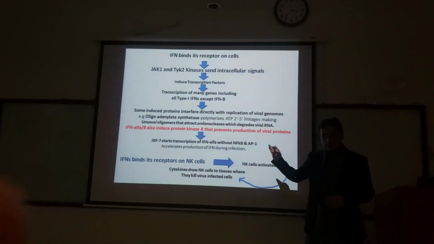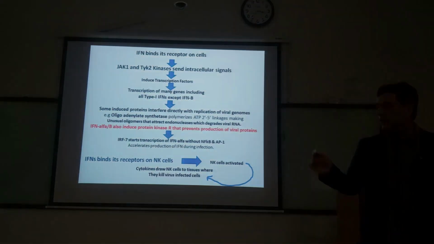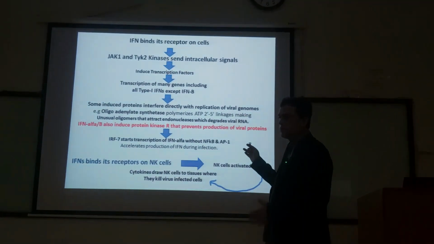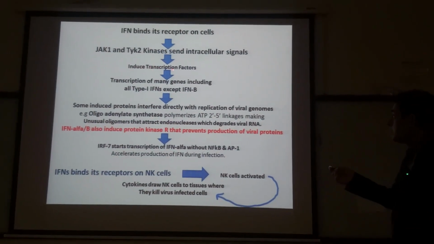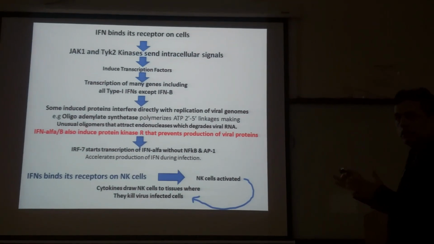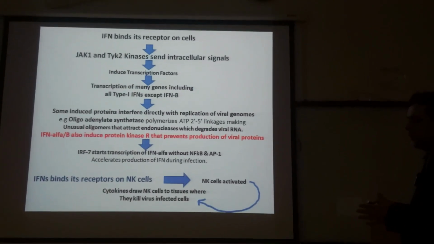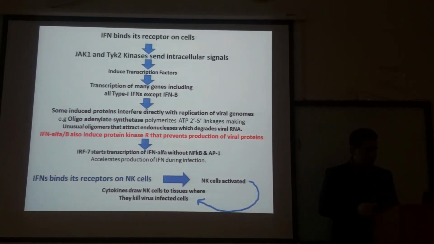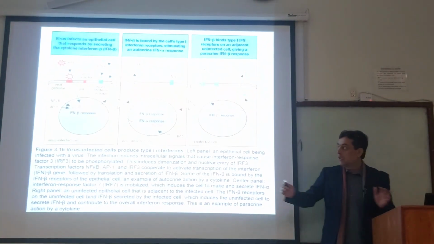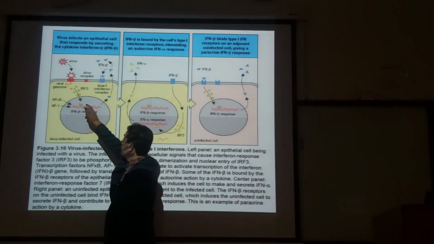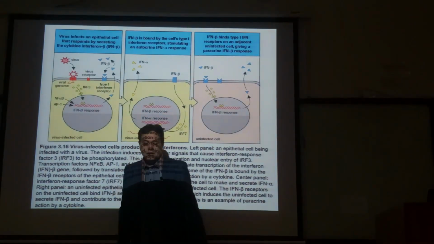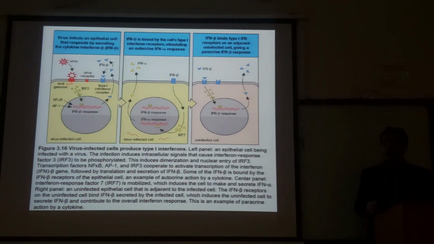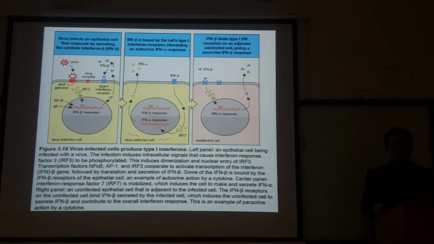So this is just in words the same thing that I showed you in the previous slide. What happens first is that interferon binds its receptors on the cell. The next thing is that signaling takes place. Once this binding takes place on the surface, as you see here, okay? The receptor-associated kinase is either JAK1, for instance in the case of some viruses, or tyrosine kinase 2, TYK2.